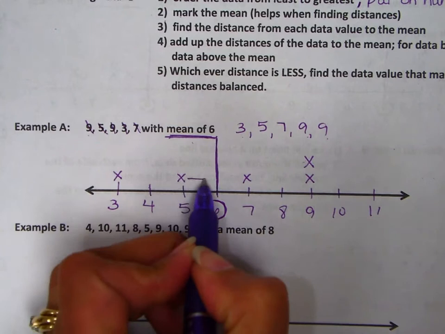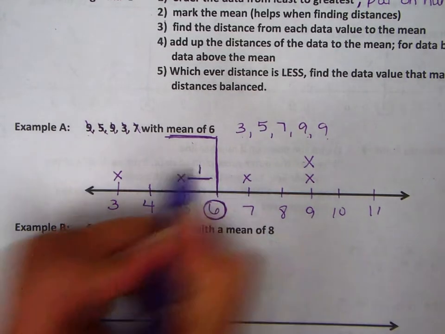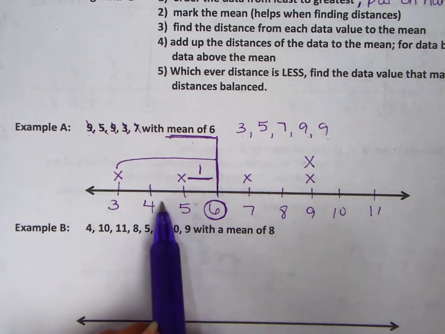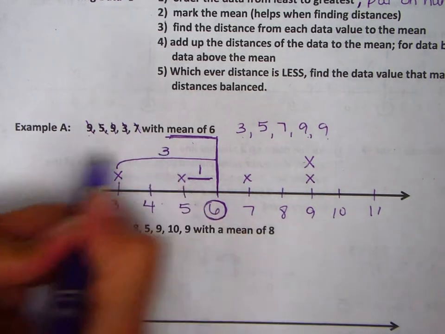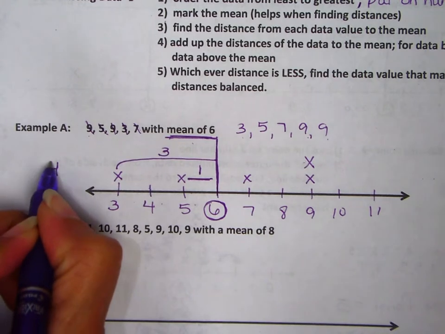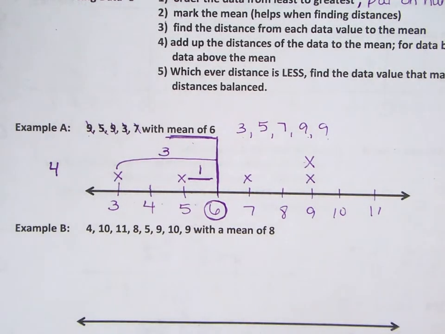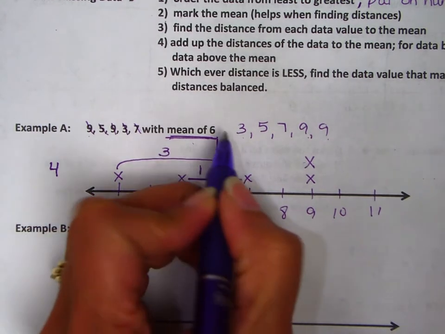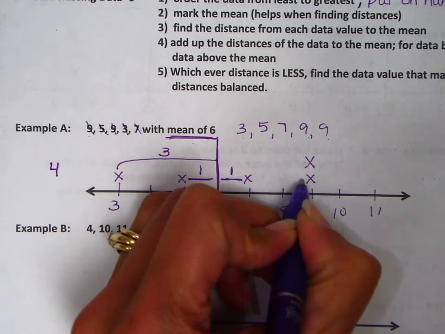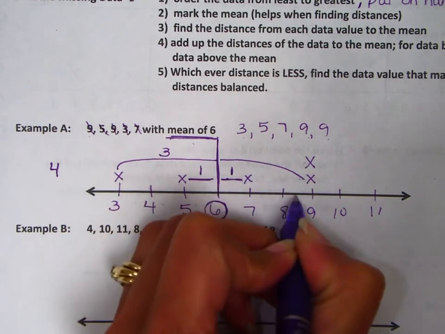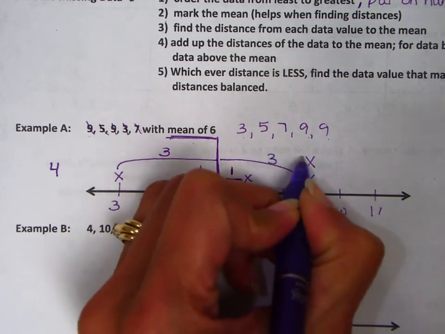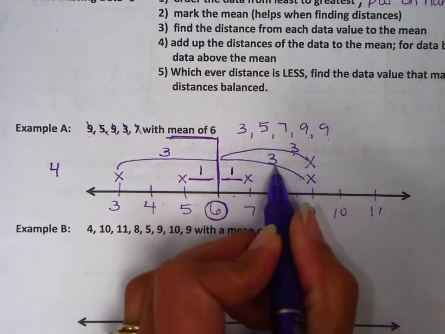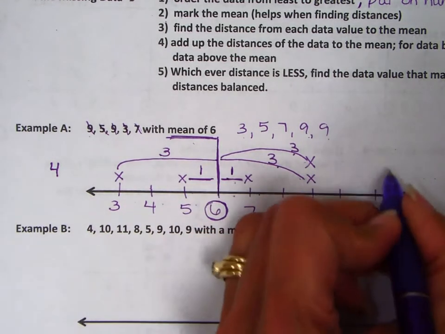So the distance from here to here is 1, and the distance from here to here is 1, 2, 3. My total is 4. My total distance below the mean is 4. Let's try it with above the mean. This is 1. This is 1, 2, 3, and this is 3. So we have 3, 6, 7.